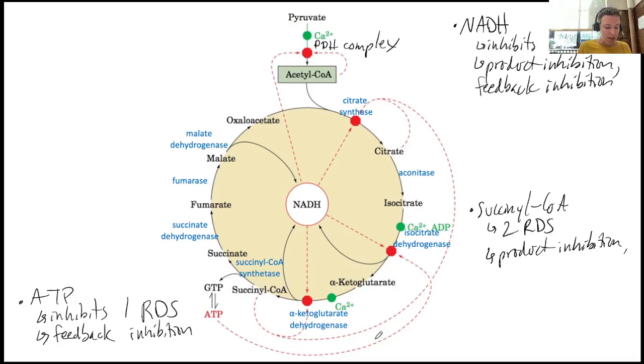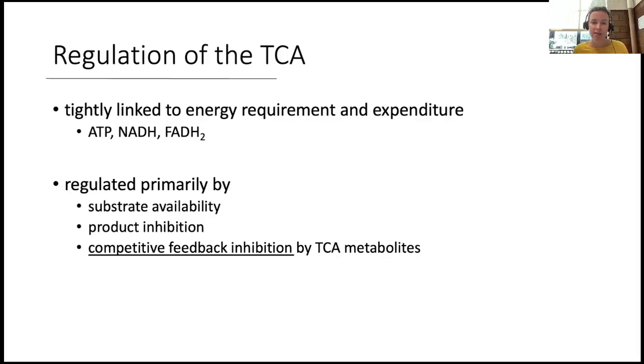But why would succinyl-CoA be able to inhibit citrate synthase? It does so through a mechanism called competitive feedback inhibition. And so now I'm going to go back one slide and let's define competitive feedback inhibition.